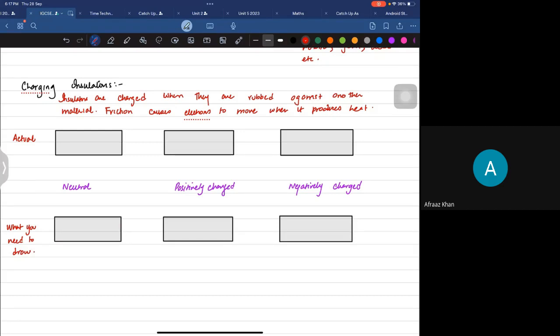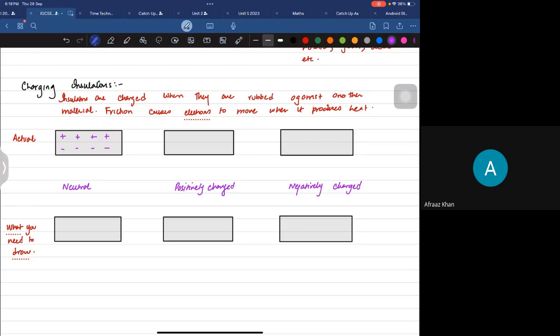Now, in reality, a neutral material will have an equal number of positive and negative charges. Is it clear, everyone? When we have to draw something neutral, we just don't draw anything.